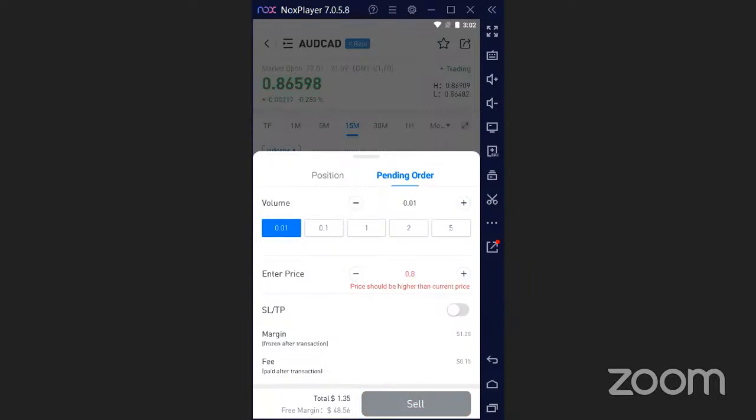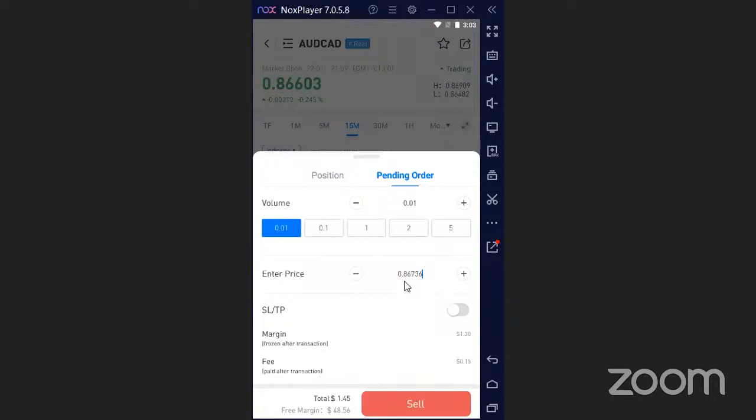Let me just give you guys some seconds to be on the pending order. Okay, so if you're on the pending order right now, here where you are seeing enter price, type 0.86736.